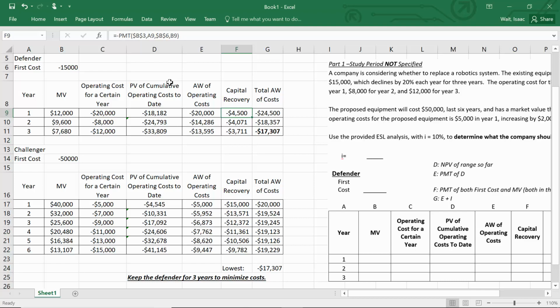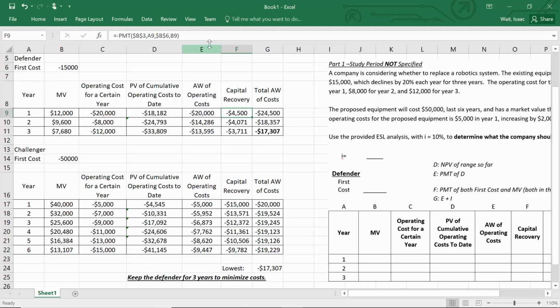CR is the difference between the first cost and the salvage value, or the market value. So in this capital recovery function, what we do is we combine both the first cost and the market value in the same function. So the first cost is a present value. The market value is a future value.